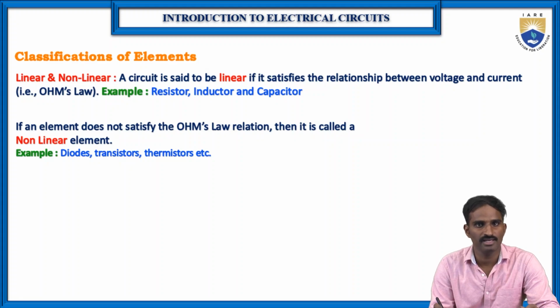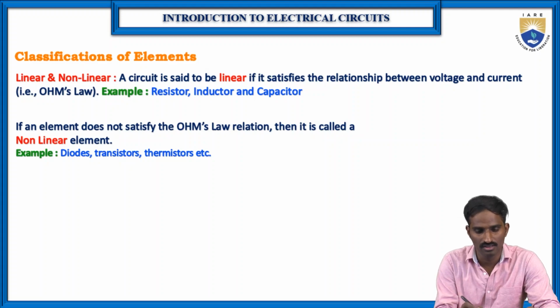then those elements are called linear elements. When coming to non-linear elements, if the elements do not satisfy the Ohm's law relation, then those elements are called non-linear elements. The best examples for non-linear elements are diodes, transistors and thermistors.